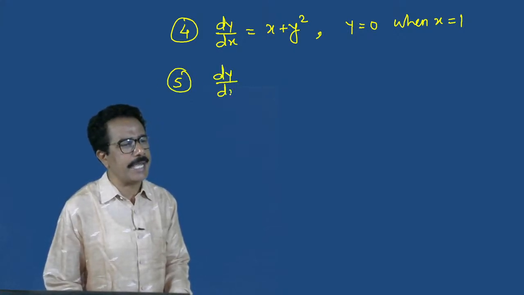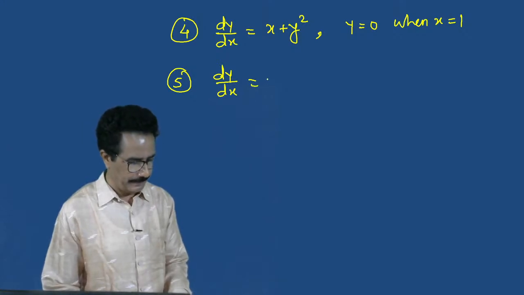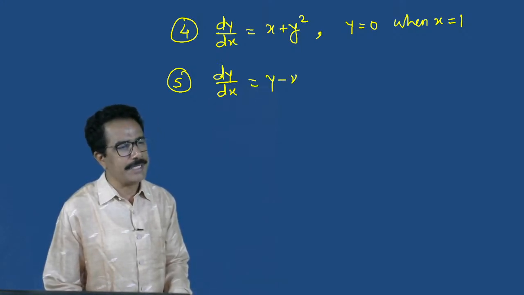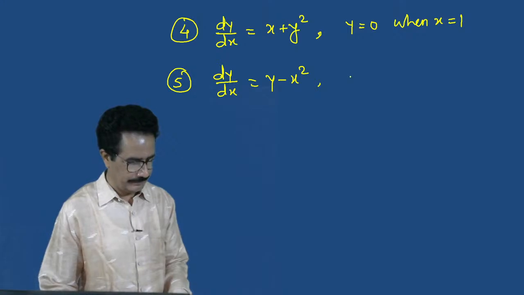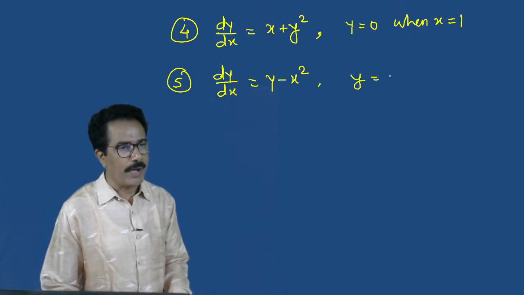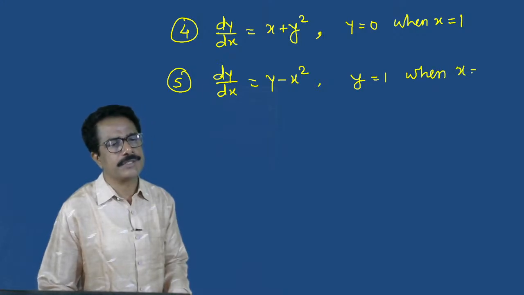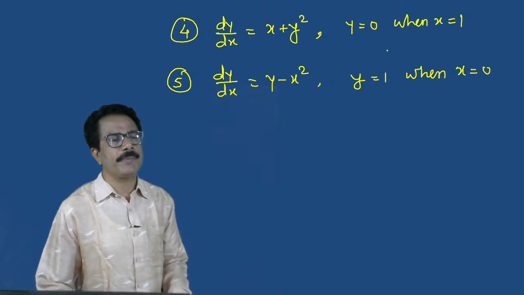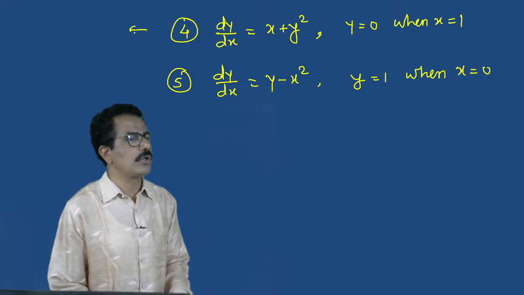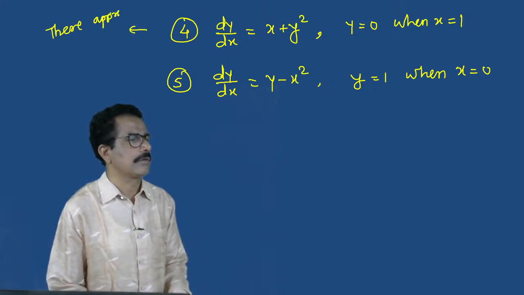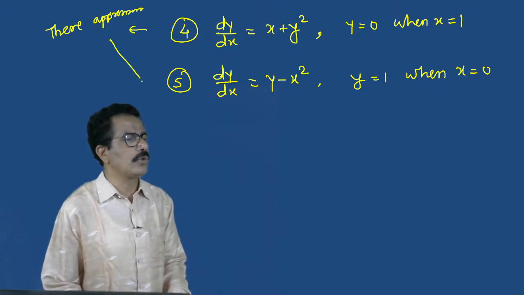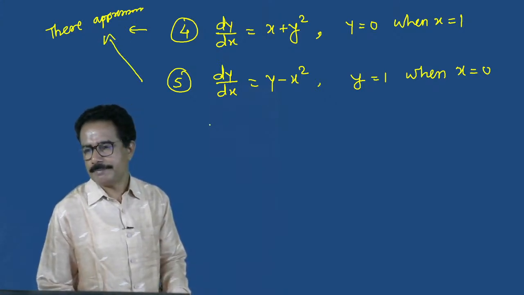Dy by dx equals y minus x square, y is equal to 1 when x is equal to 0. And take 3 approximations. We have to use 3 approximations. Okay.